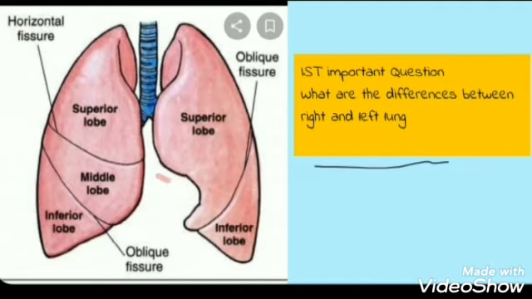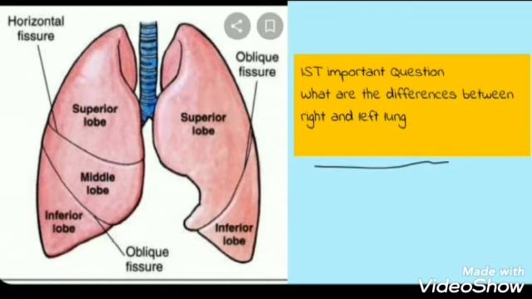To make space for the heart, the left lung has a notch, which is called the cardiac notch. So the shape and size of the right and left lung are different. The right lung is shorter and wider, and the left lung is longer and narrower.